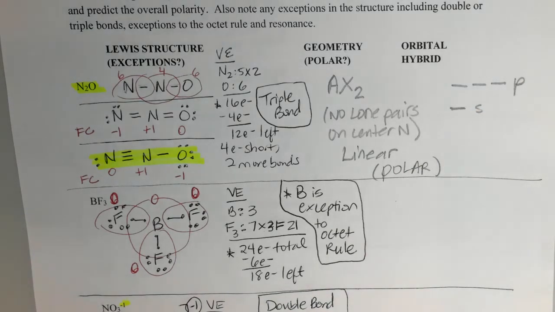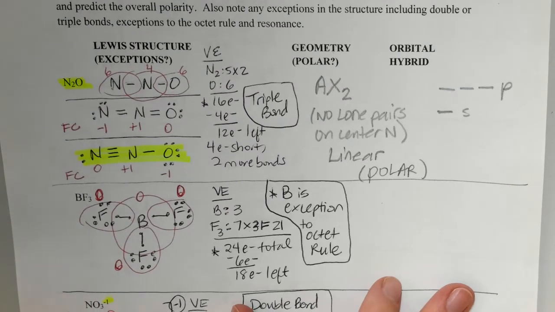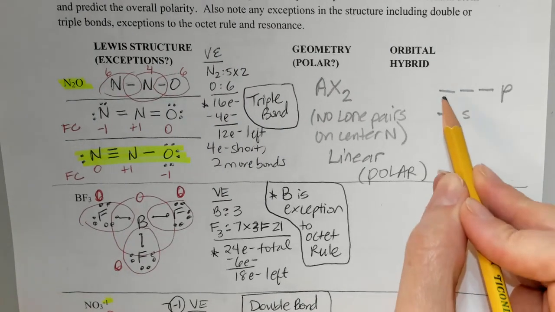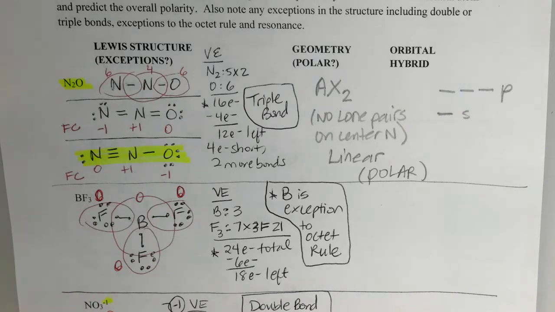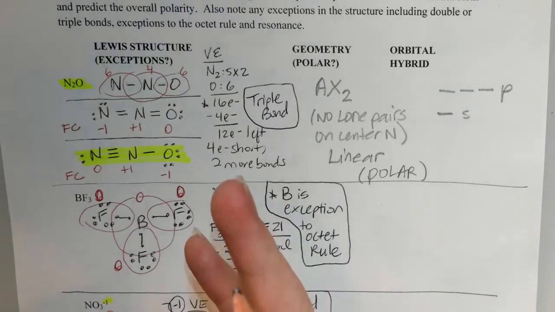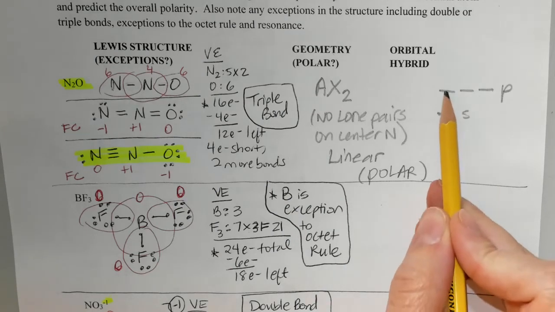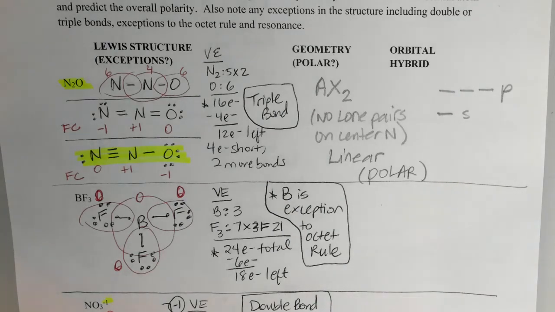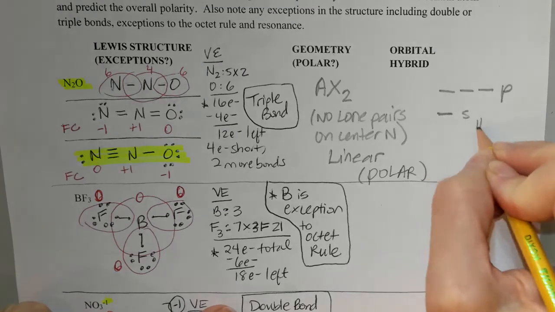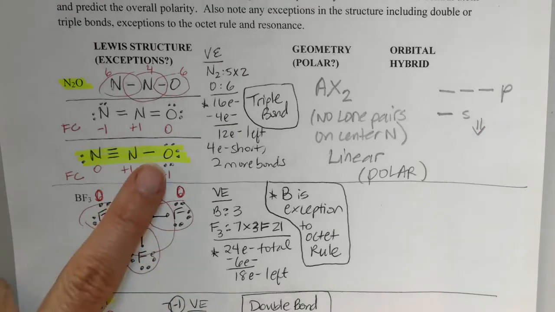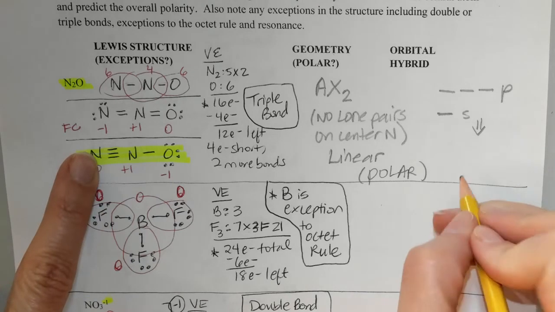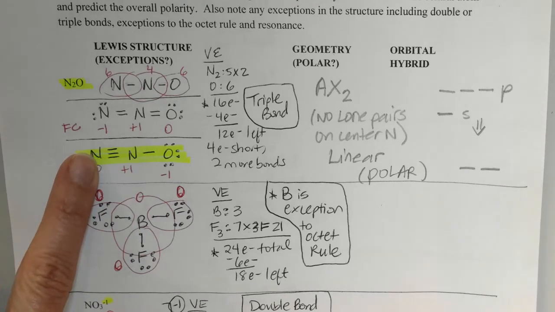When we were just looking at Lewis structures and orbital diagrams, we have an s orbital and 3 p orbitals. But in order for bonding to occur, we need bonding sites, and each one of these orbitals is up for overlap in terms of the bonding sites. And what this morphs into is, because there are going to be 2 bonds here, we need 2 hybrid orbitals.